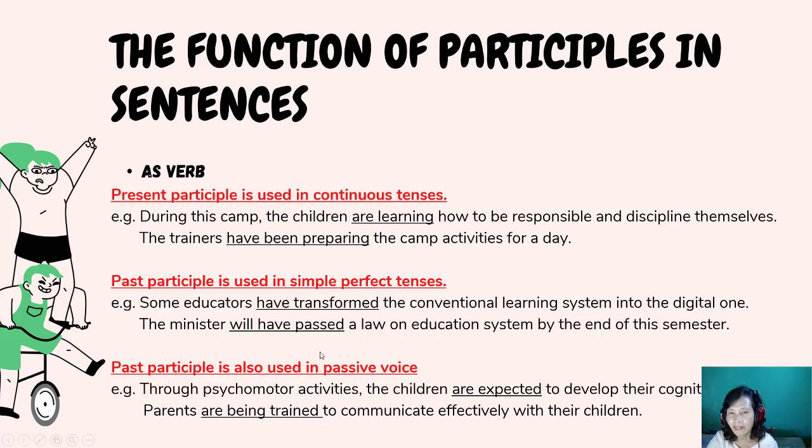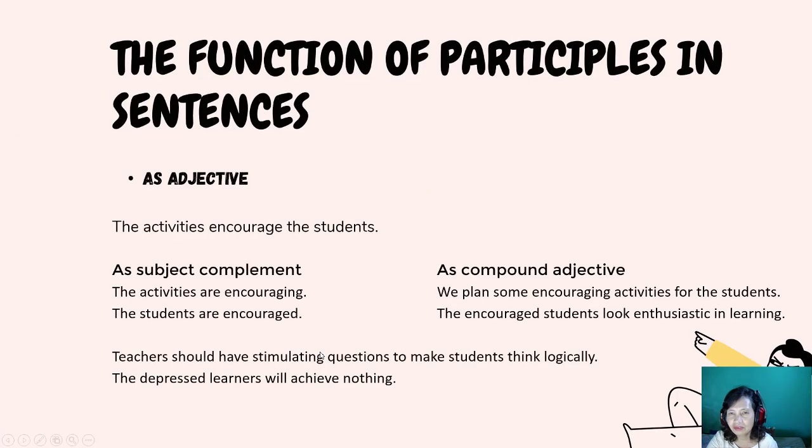Okay. Now go to the other function of participle in sentences, that is as adjective. I will use this sentence to explain how to make a verb become adjective. The activities encourage the students. So the activities is the subject, encourage the students.